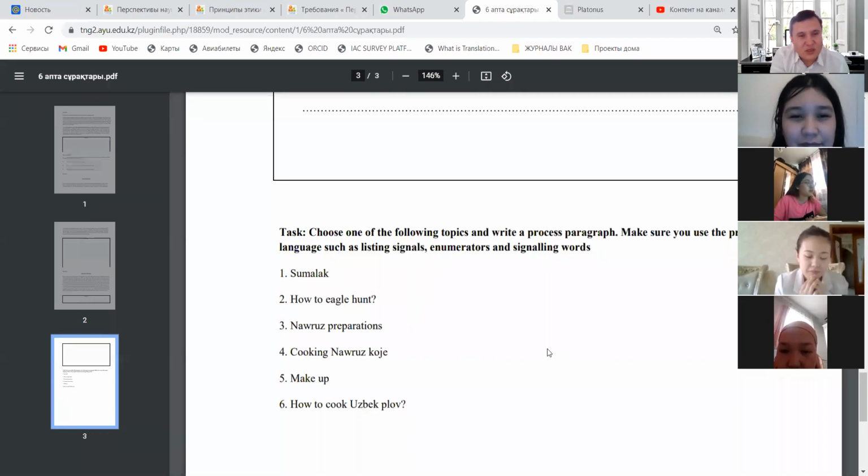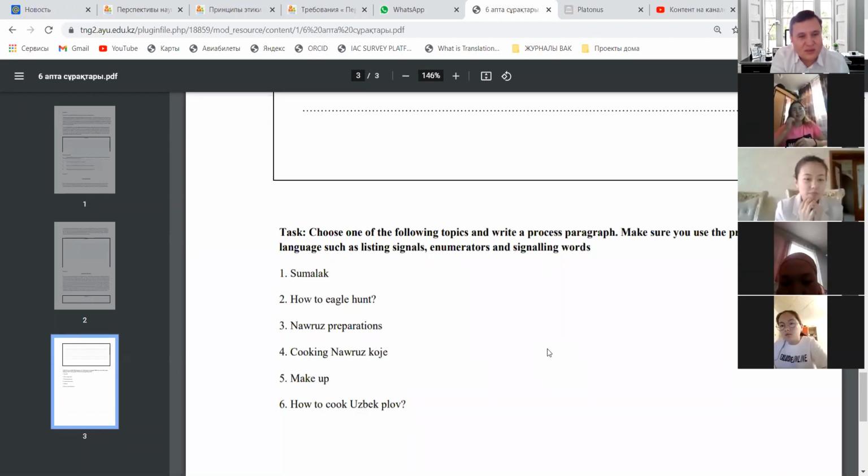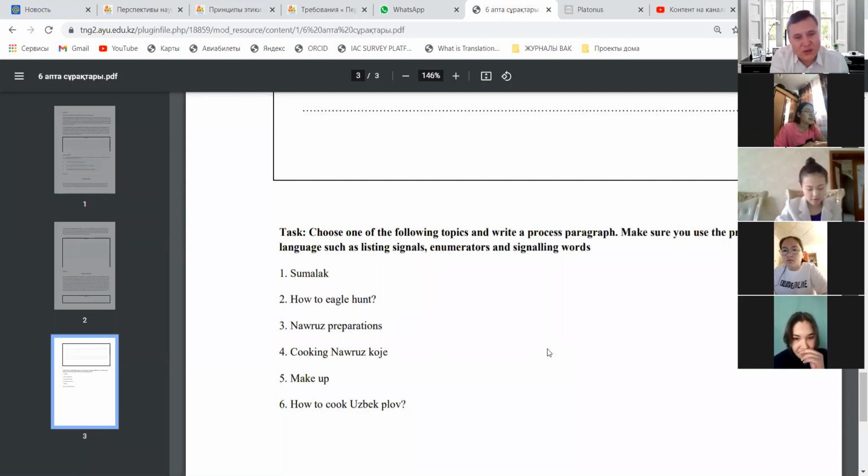How do we say very tasty without using very? Delicious. You see, we have words instead of very. If we use them, we will enlarge our vocabulary stock, I think.